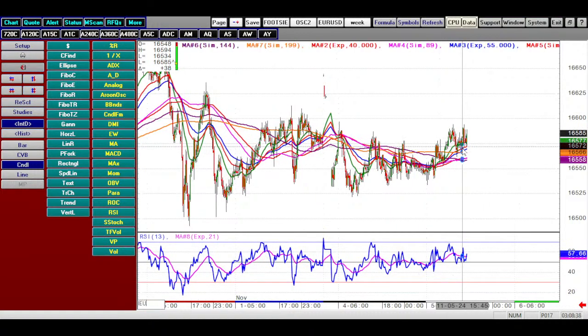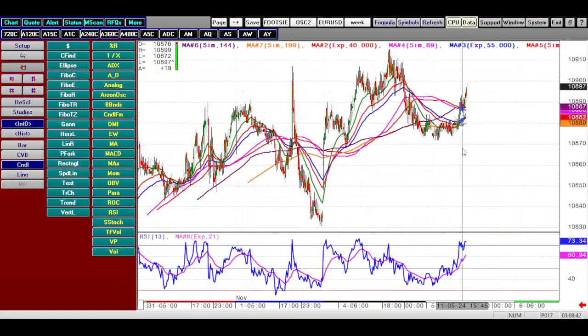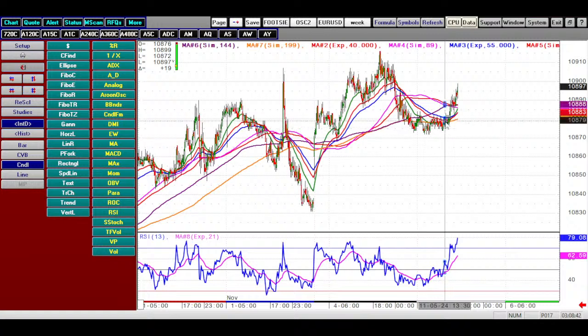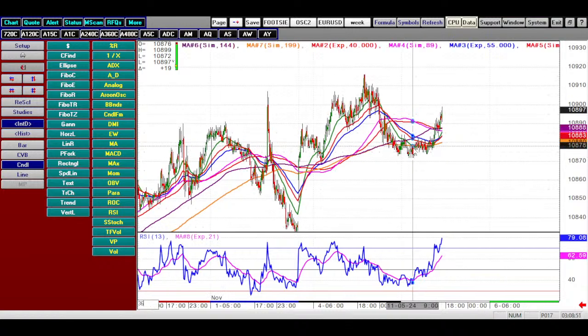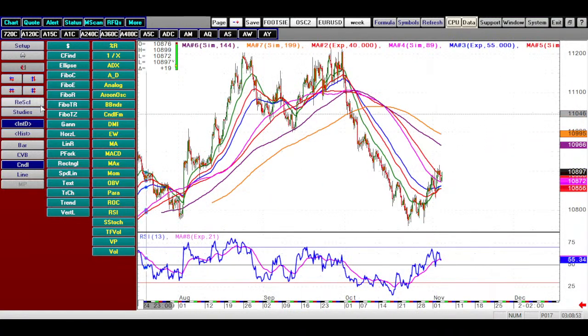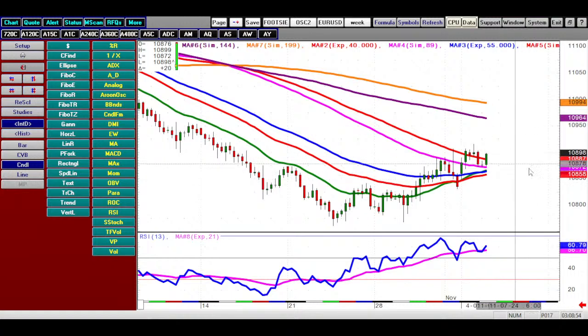Let's see the euro strength. Yeah, the euro strength has already started coming in. The trade control has already turned up, and the time control is also pointing up. So I think that might not be a good trade.